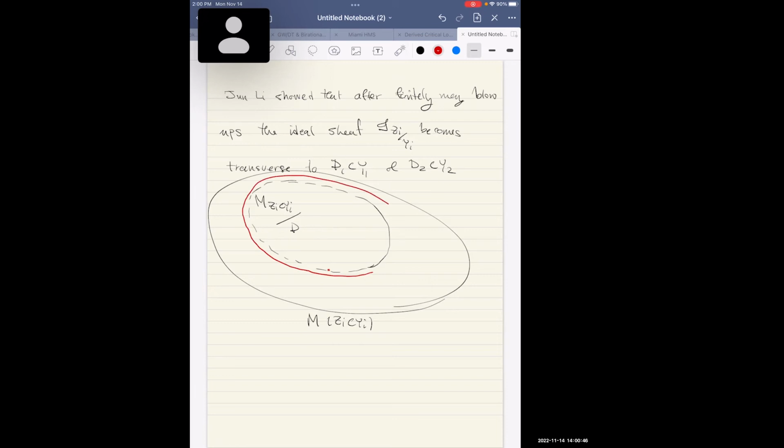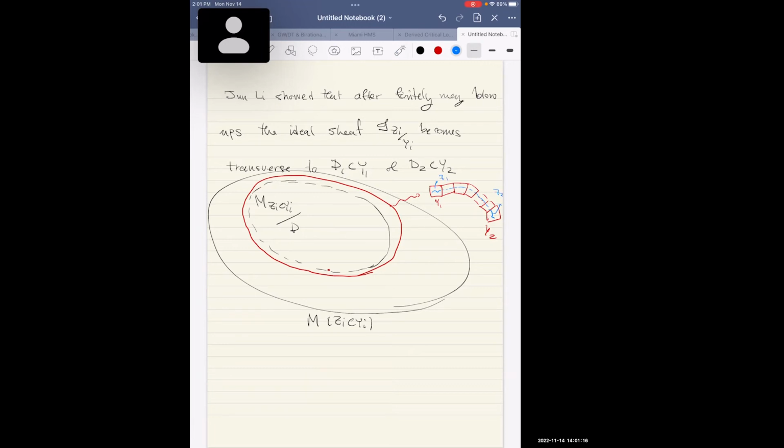And this boundary corresponds to pictures which look like Y1, an accordionic expansion of it, essentially, and Y2 with curve Z1 expanding all the way, Z1 and Z2.